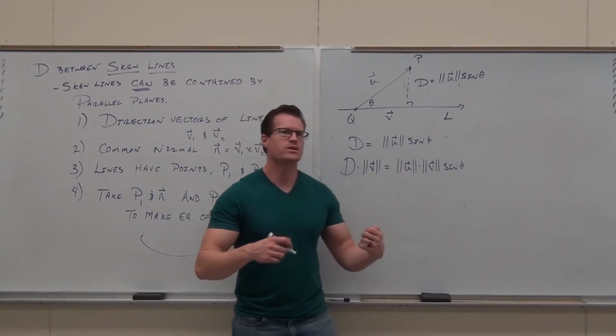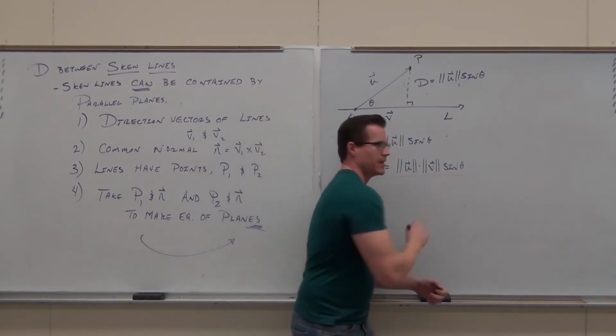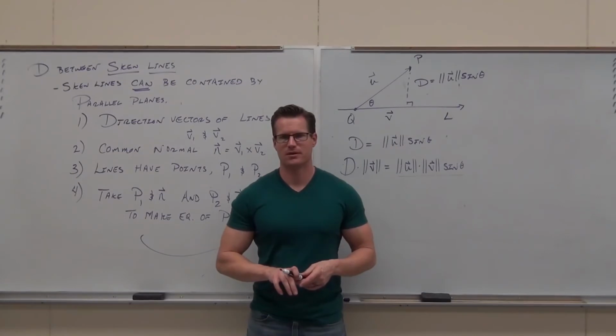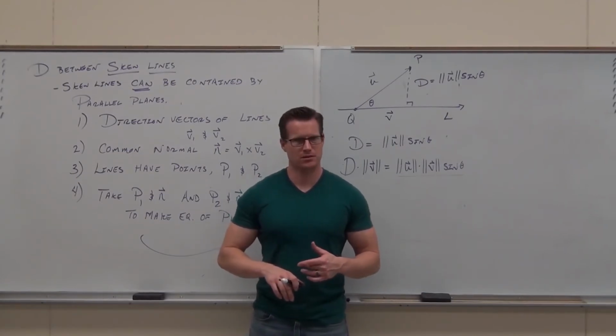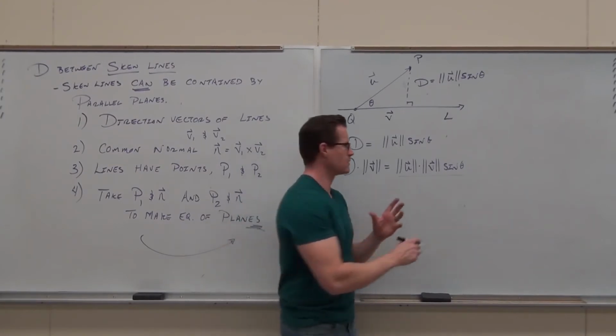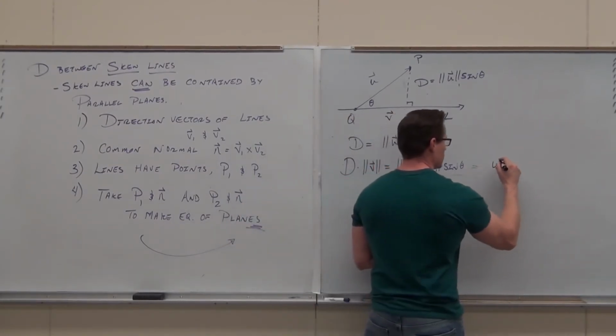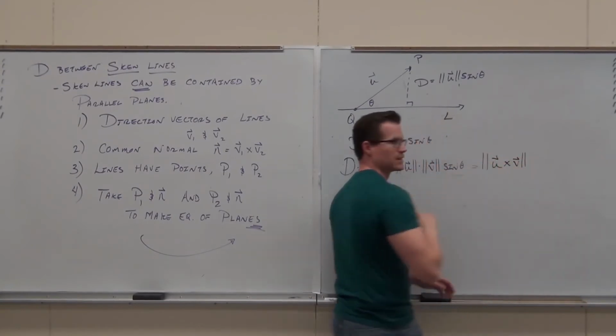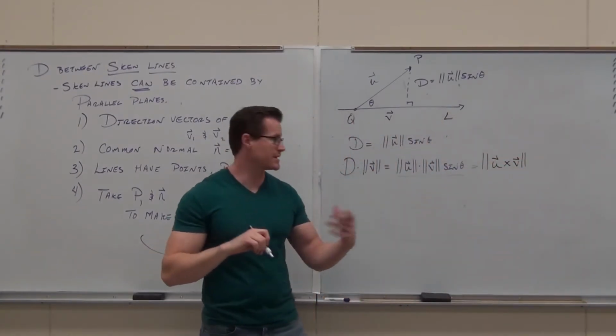So what? Why would we do it? If you look at that, that should be really, really familiar. Not just the cross product, very close. The magnitude of the cross product. This is not a vector.